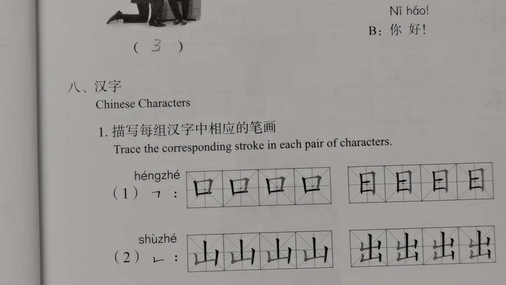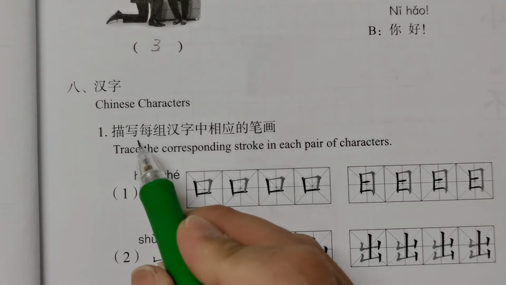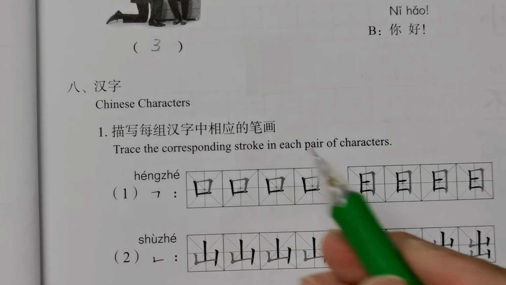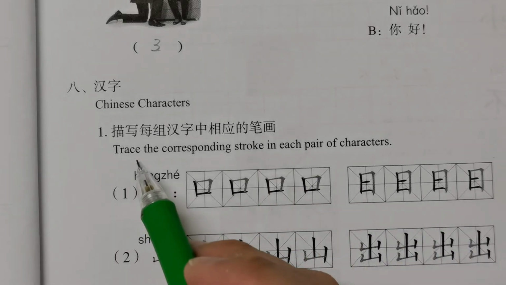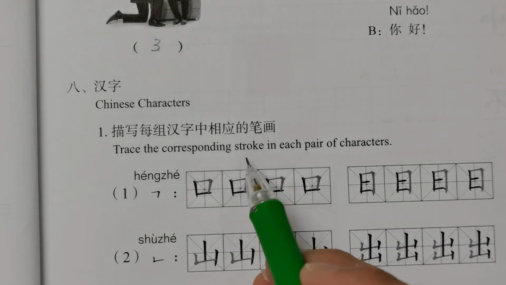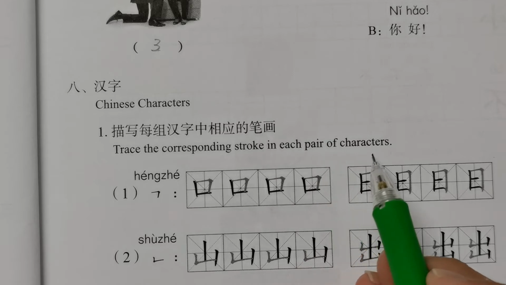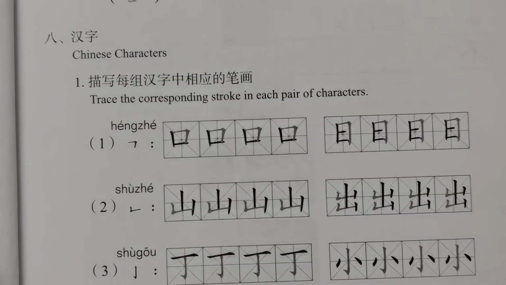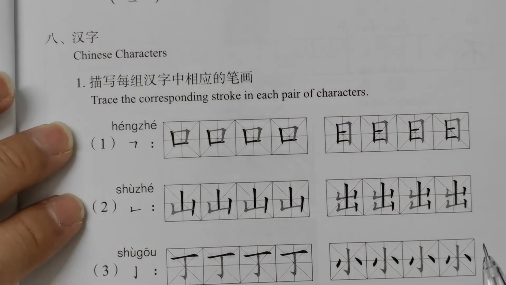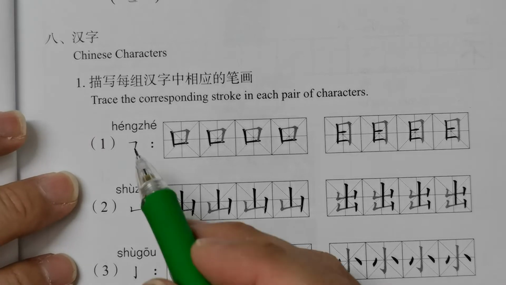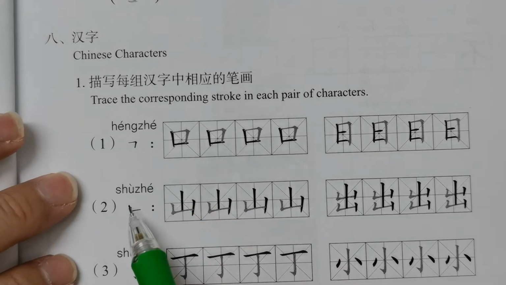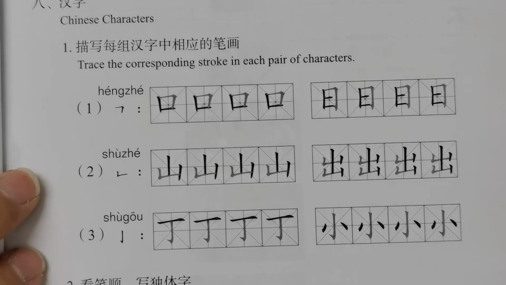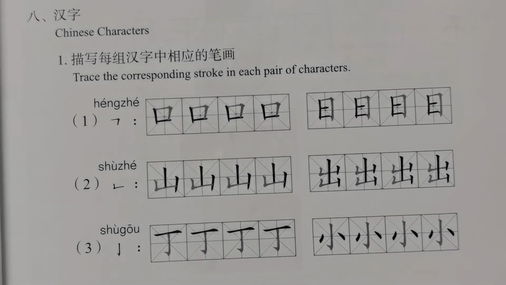And next part 8, 汉字, Chinese characters. Number 1, 描写每组汉字中相应的笔画. Trace the corresponding stroke in each pair of characters. If you see this one, we are learning these 3 new strokes here. So 横折, and then the other one 竖钩.